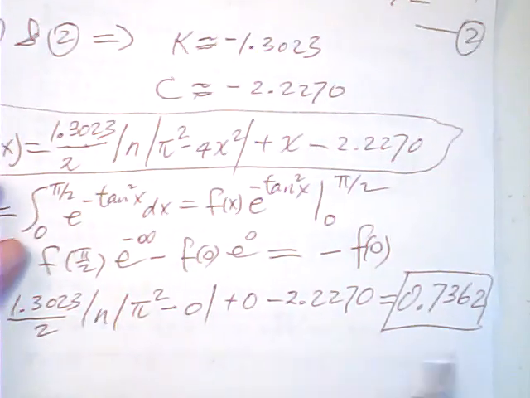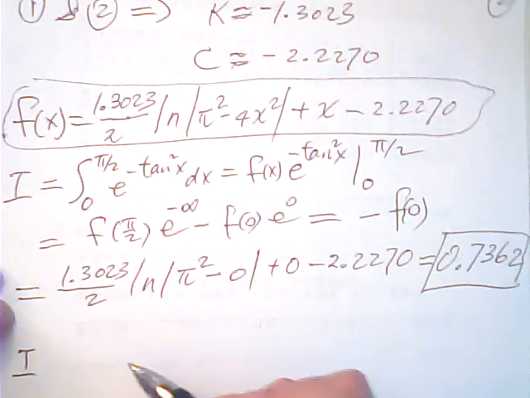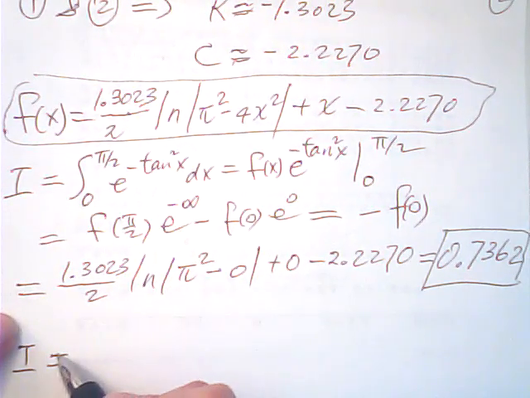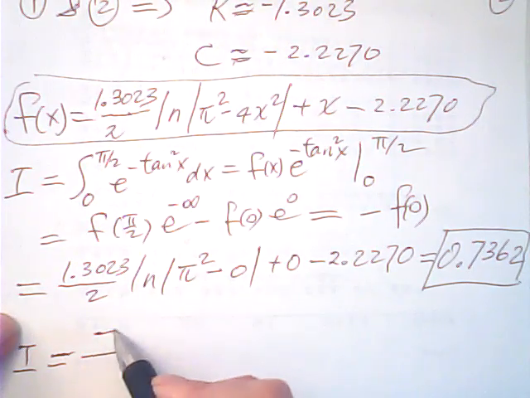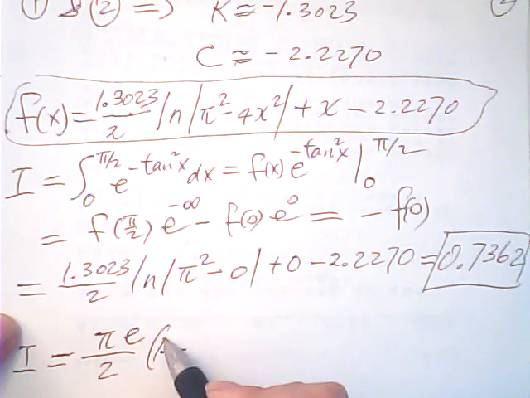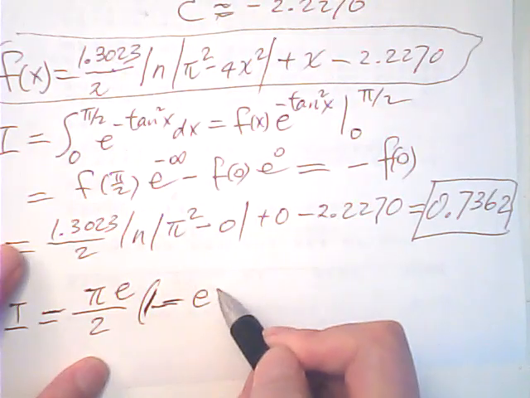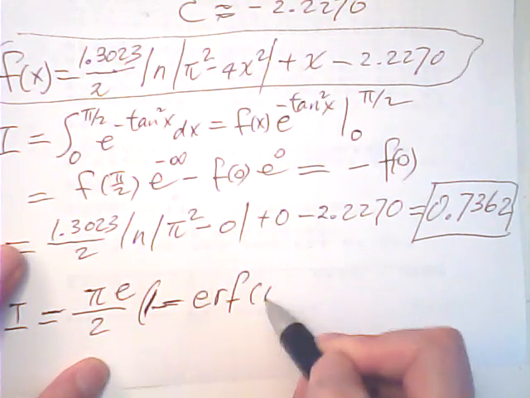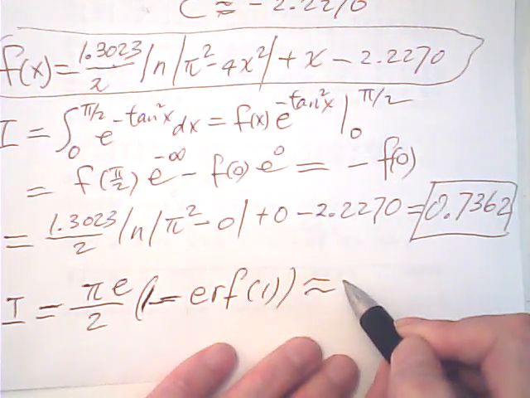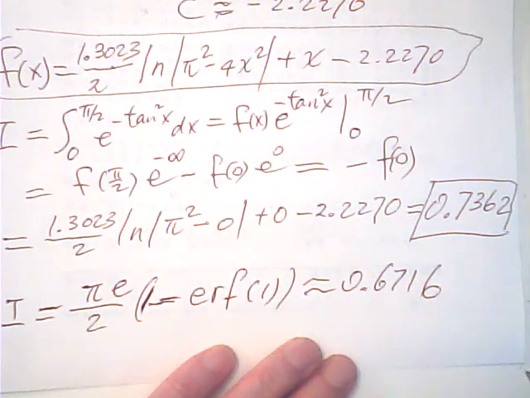I find this value. Now from the internet, this one is equal to root pi e over 2 times 1 minus error function of 1, which is approximately equal to 0.6716.